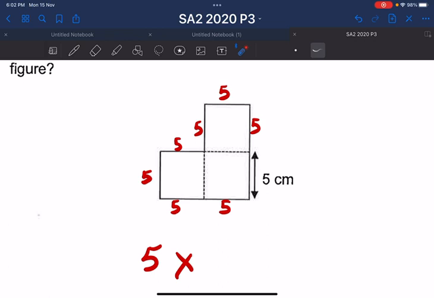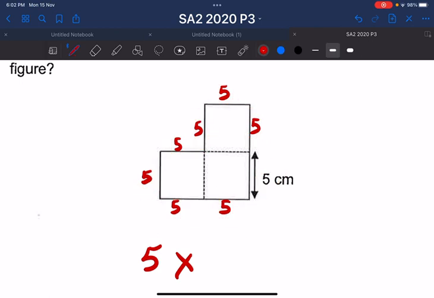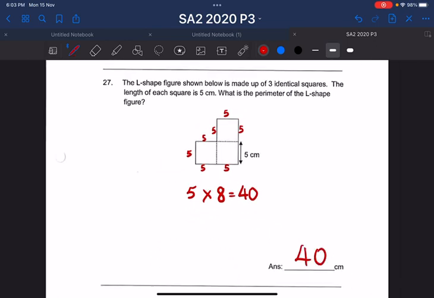Let's count how many times the 5 appears. 1, 2, 3, 4, 5, 6, 7, 8. So we know that 5 appears 8 times. Right? So we will just take 5 times 8 and we will have the answer straight away, the perimeter, 40. I hope you're all clear on this. Question number 27.